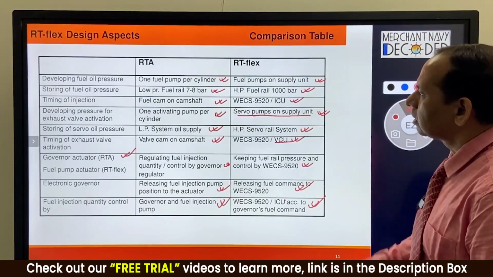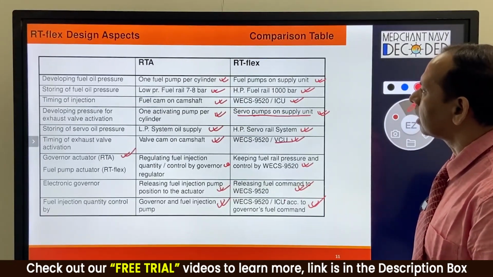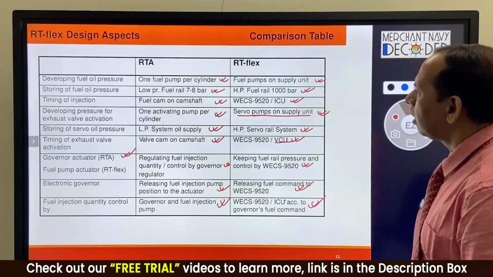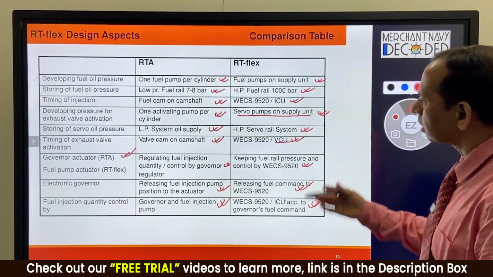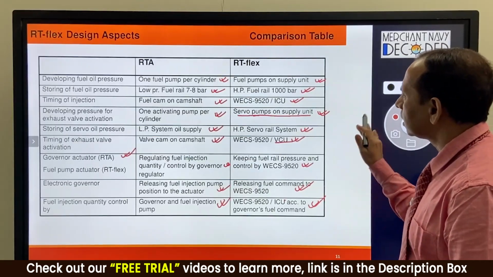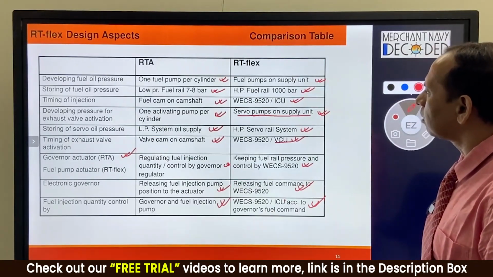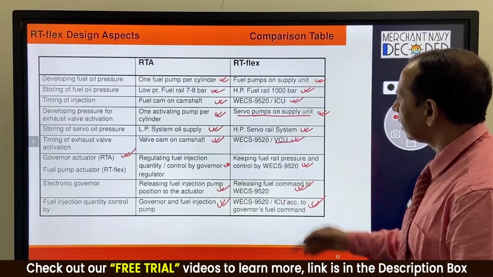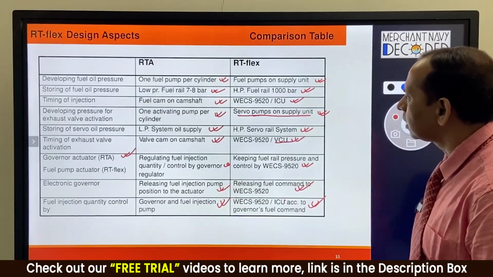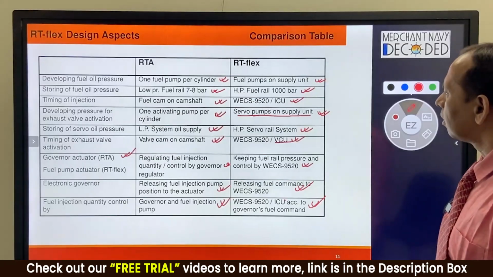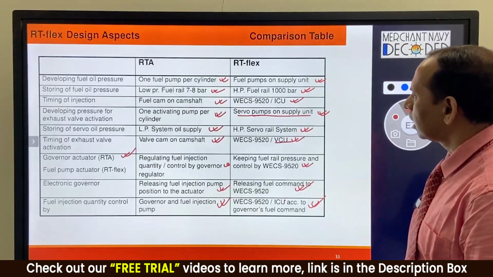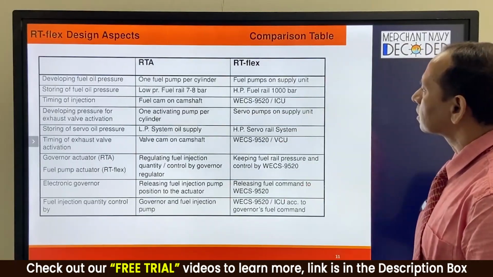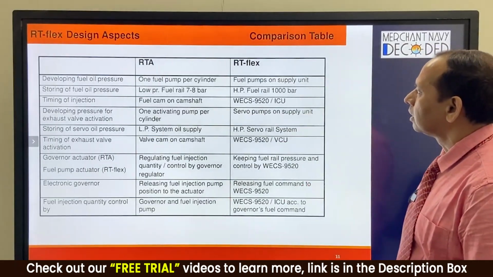So these are the major changes between RTA and RT-Flex, which is changing the whole concept of how a marine diesel engine used to work earlier, and now everything is going to be controlled electronically through the software, where the timing and actuations are more precise, and that is why these engines are more efficient and have a superior power to weight ratio as compared to the previous version.